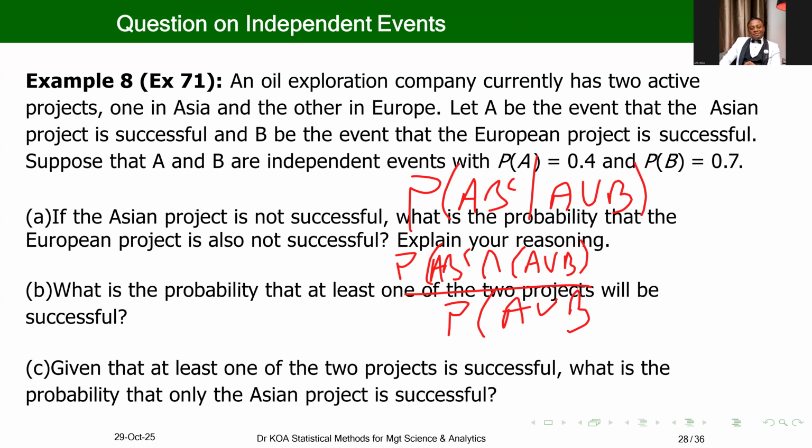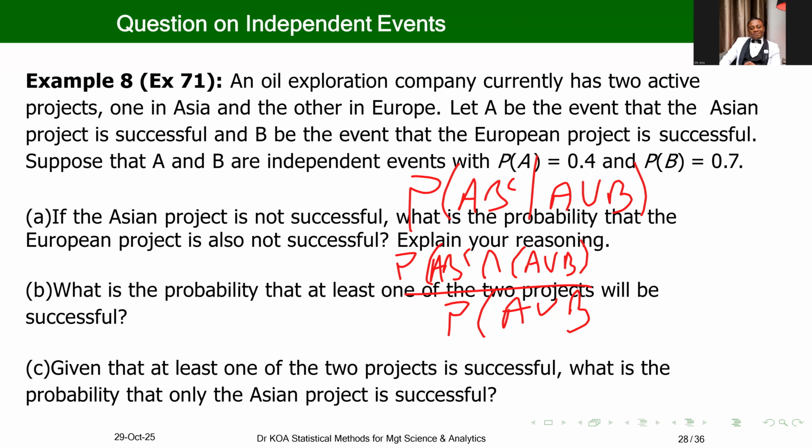At this stage, you just look for the elements. First of all, what is the probability of the numerator? When you look at the numerator very carefully, the intersection with A union B can go.